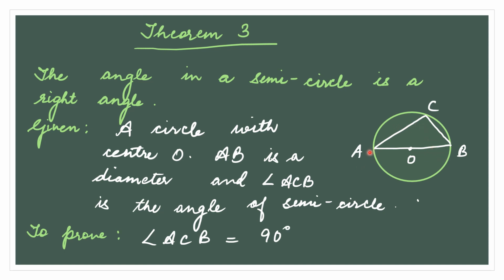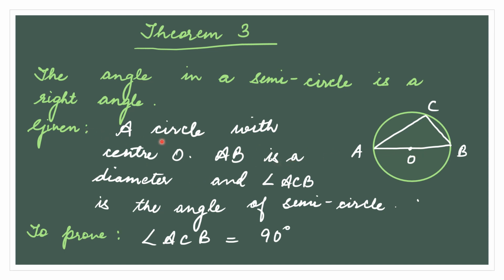Can you see that? That joining this point to the circumference and joining B point to the circumference. Then what we get? ACB. Okay, which is the point of the semicircle. A circle with center O. This is the circle with center O.